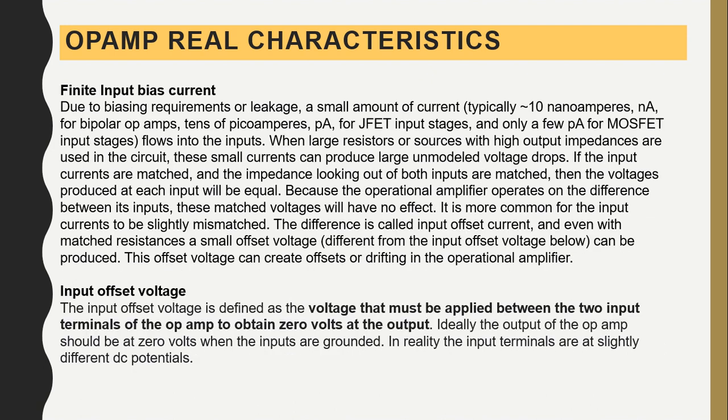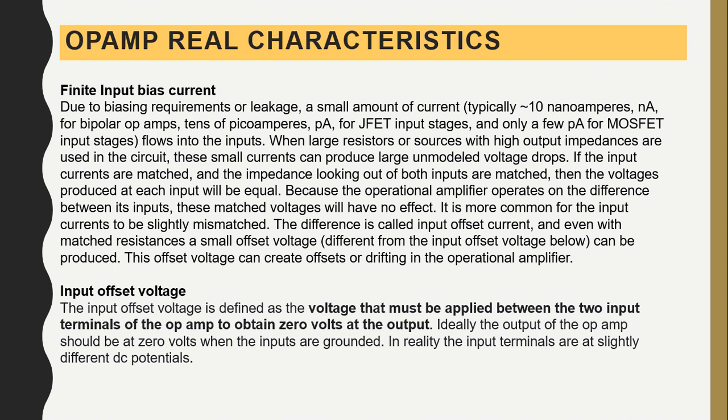Let's go to another parameter, input bias current. This is also finite in real applications. Due to biasing requirements or leakage, a small amount of current, typically in nanoamperes and picoamperes, flows through the inputs. When larger resistors or sources with high output impedances are used in the circuit, these small currents can produce large unmodeled voltage drops. If the input currents are matched and the impedances looking out of both inputs are matched, then the voltage produced at each input will be equal.